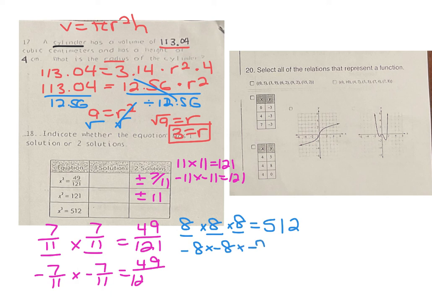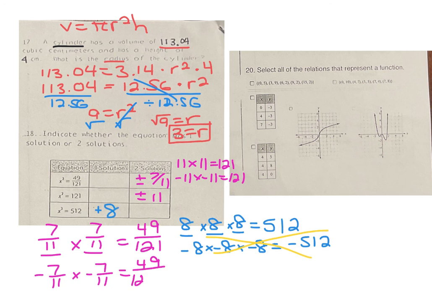If I take a negative 8 times a negative 8 times a negative 8, two of the negatives will cancel, but when I take a negative times that positive, I'm going to get a negative 512. So using the negative yields a different answer. Therefore, that one does not work. So when we have an odd exponent, such as an x cubed, it's only going to have one solution, and it's just the positive value of 8.